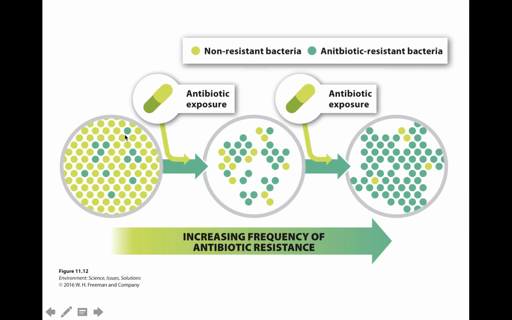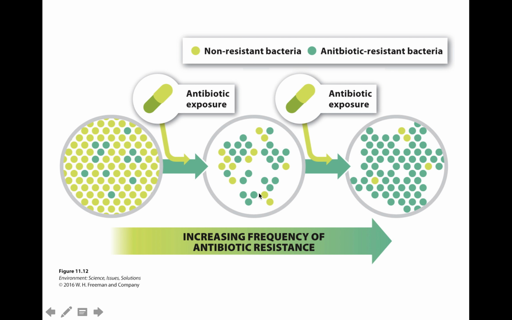Therefore, any of these that died in response to the antibiotic, their genes die with them, and their potential antibiotic resistance dies with them. The ones that survive are the ones that get to mate if they're sexual organisms, which bacteria are not usually. But these guys are going to divide, literally duplicate themselves and divide in half.